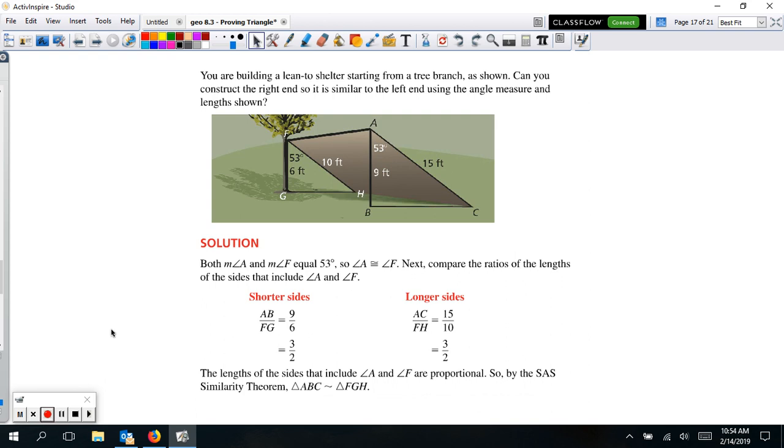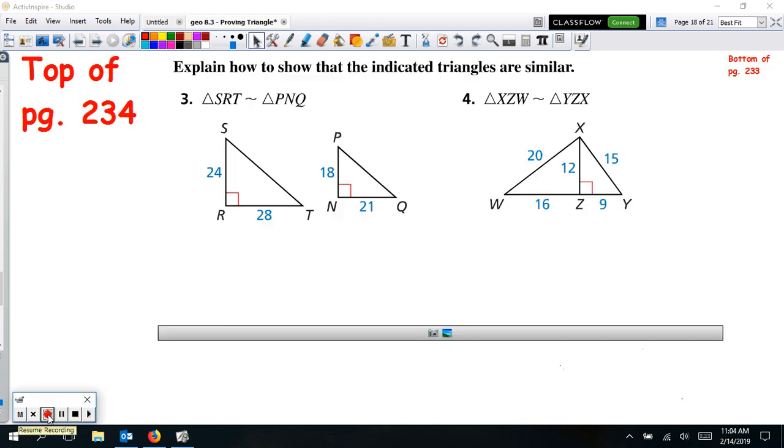Okay, so going on to what I want you to write. At the top of page 234, right above the extra practice, you see the side angle side theorem there. Right underneath that, there's a little section of notes, a little space. I'm going to have you put number 3 in that section. So just this number 3, go ahead and copy it down with the triangles here and the numbers. What we're trying to do is, it says explain how to show that the indicated triangles are similar.